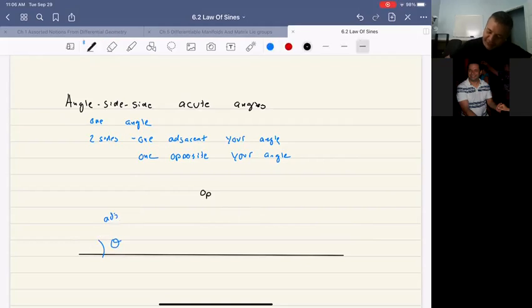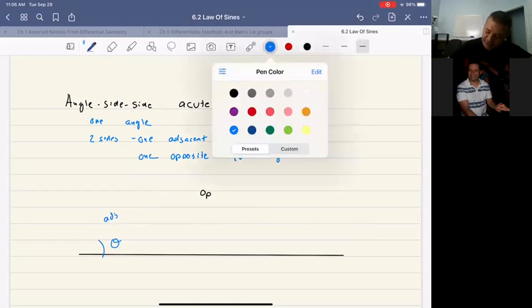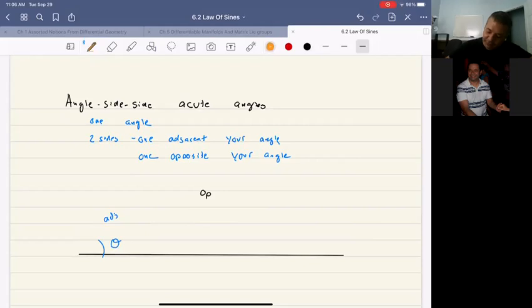Let me do this again in a different color. So there's my adjacent side, and here's my opposite side. I'm drawing it this way, like I said, to suggest something.